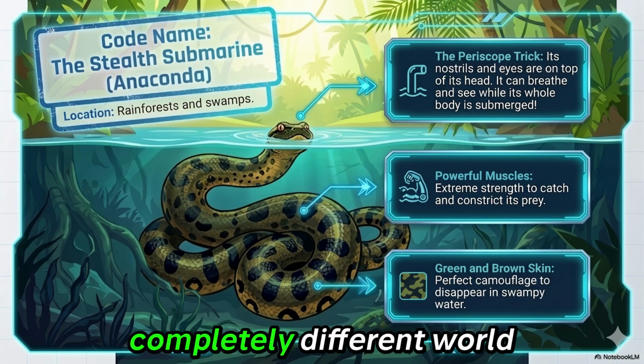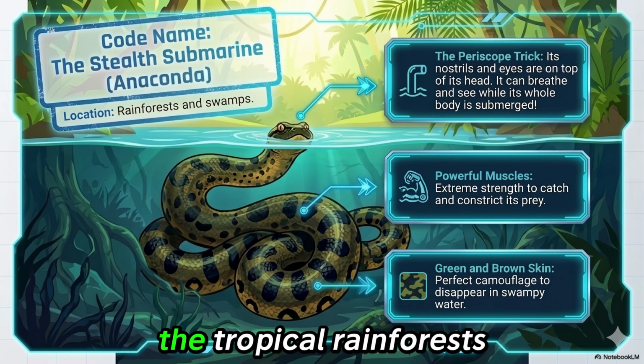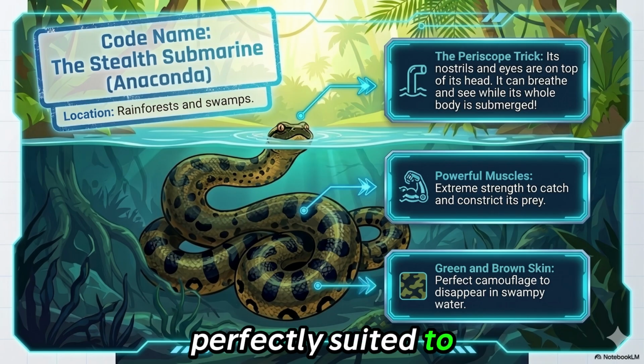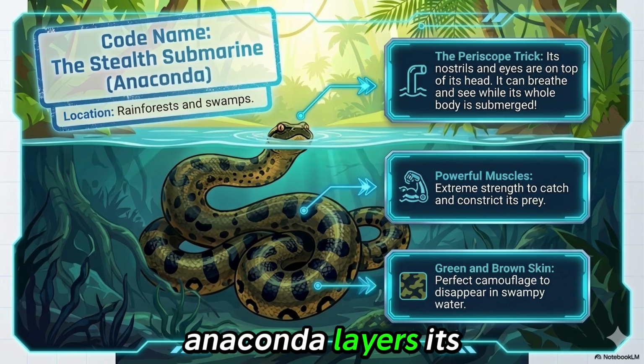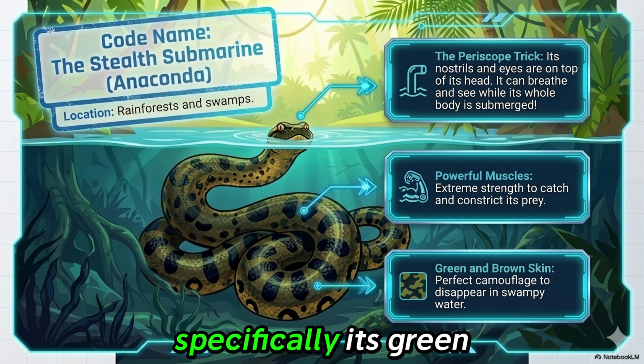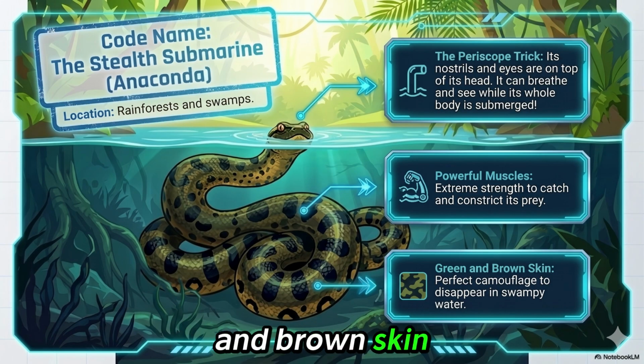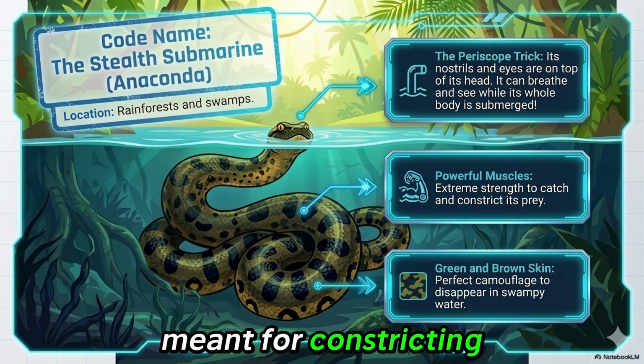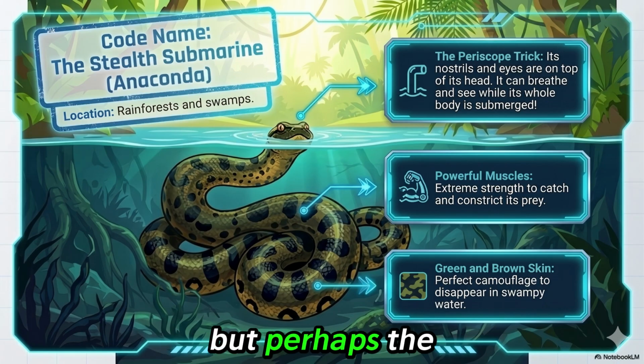Meanwhile, in a completely different world, the tropical rainforests and wetlands, we find the anaconda. Its adaptations are perfectly suited to a swampy, aquatic life. The anaconda layers its camouflage, specifically its green and brown skin designed for blending right into the muck, with incredibly powerful muscles meant for constricting prey. But perhaps the most brilliant structural layout?